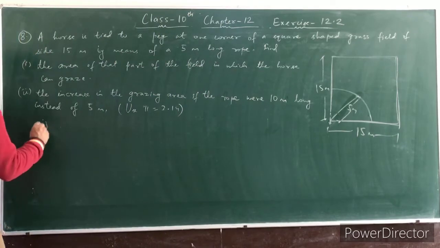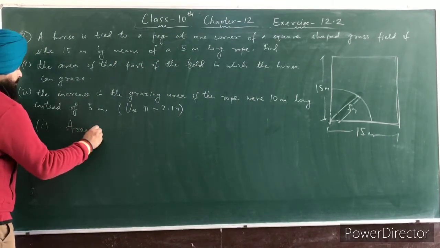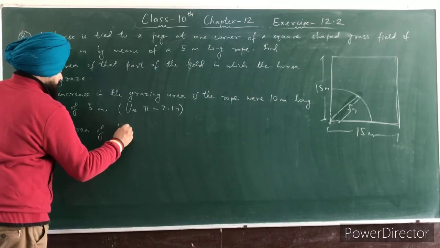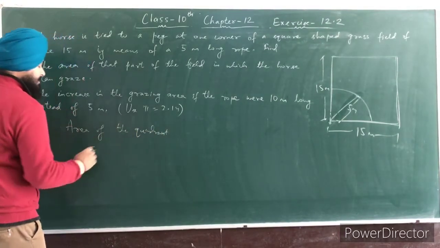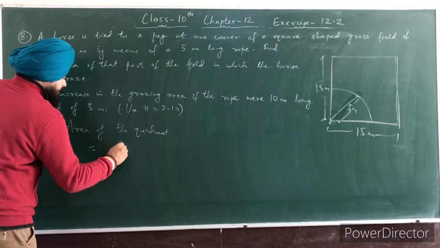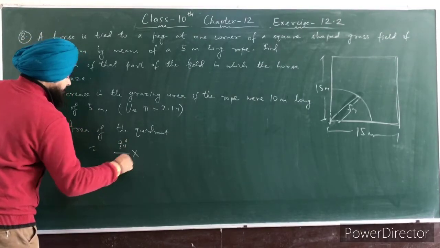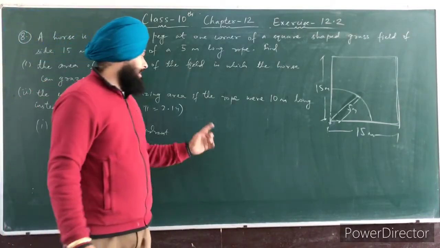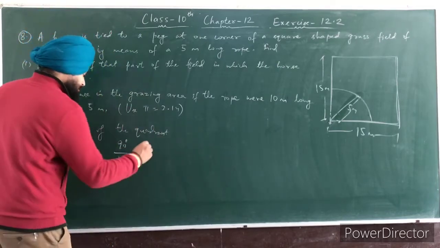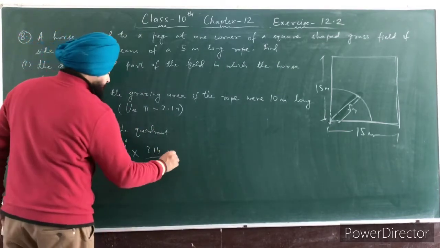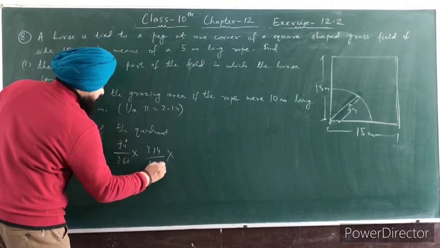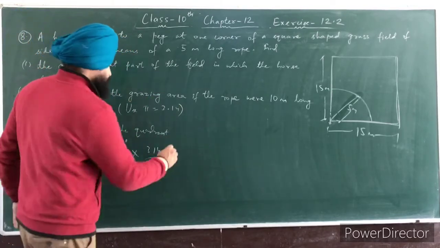So the first part is the area of the quadrant, which is theta by 360, that is 90 degree over 360 into pi r square. Here pi is 3.14, you can write 314 over 100 into r square. Radius is 5.